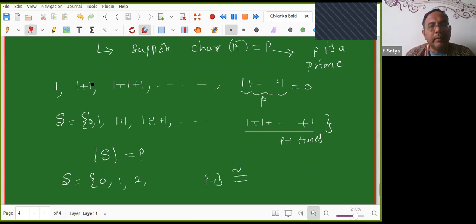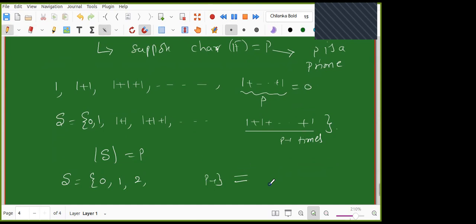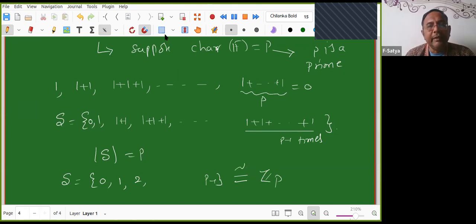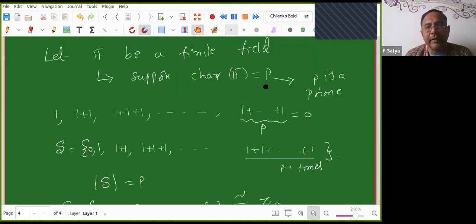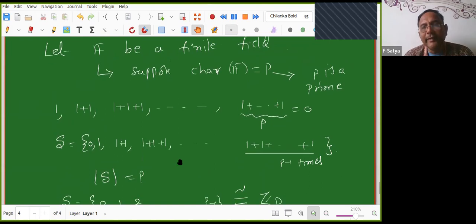Equal to F_{Z2}, Z2. What I want to claim is that if F is a finite field with characteristic p, then it contains inside one field, that is Zp. It is an isomorphic copy of Zp, but people are loose about it, so they will say that F contains Zp.